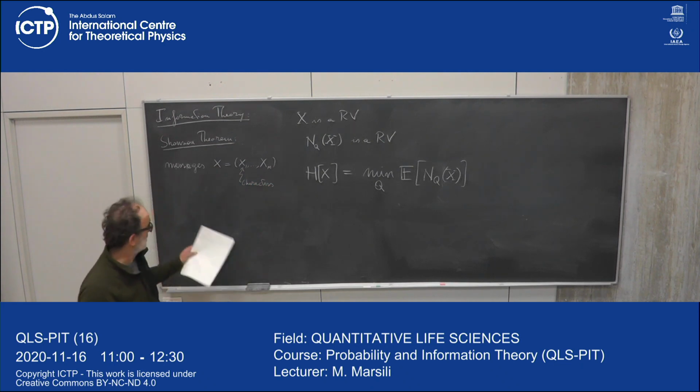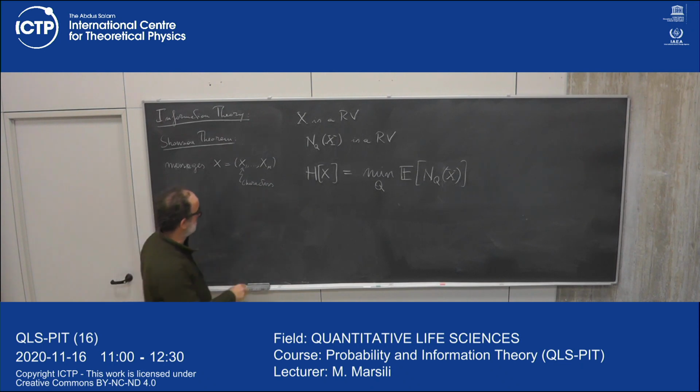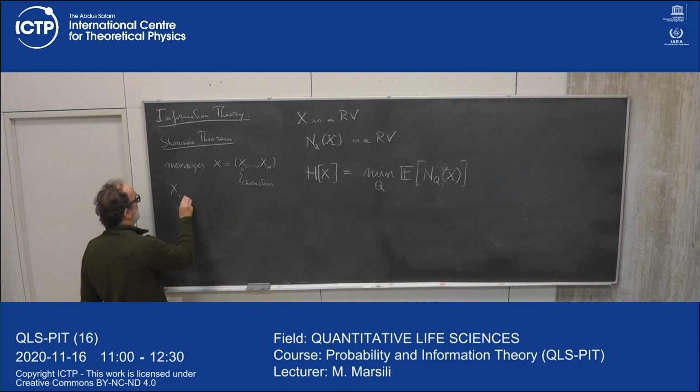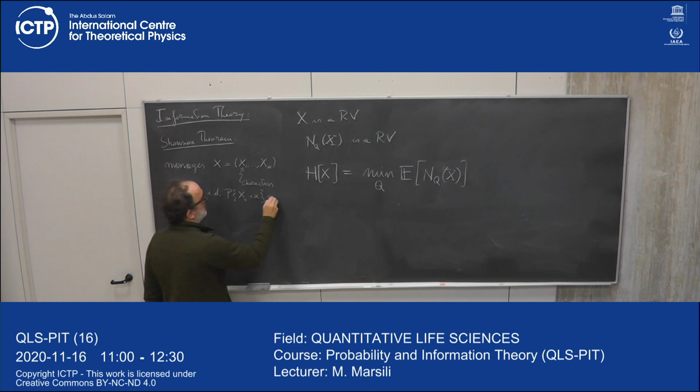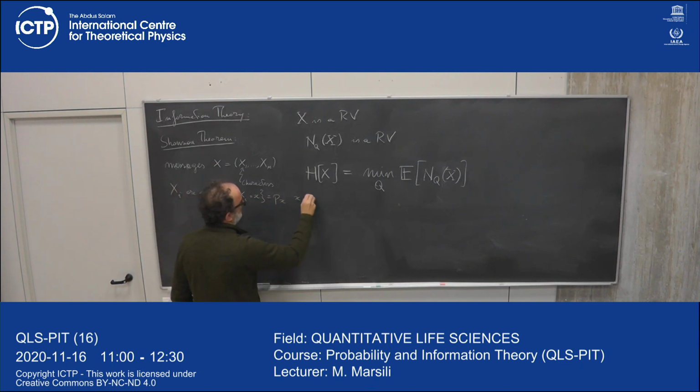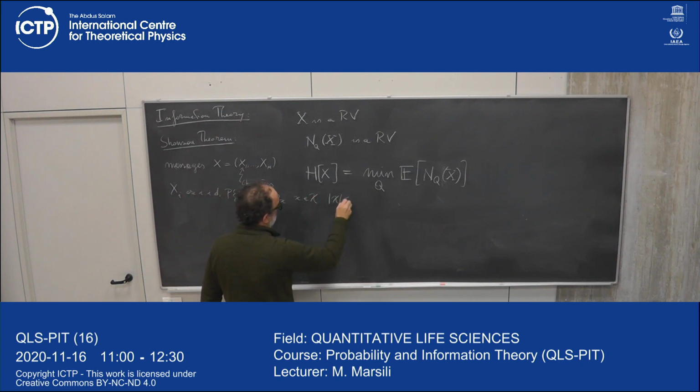So a message is a sequence of characters, where these x_i are IID from the same distribution, P(x_i = x) = p(x), where this x belongs to some finite set P. Okay?